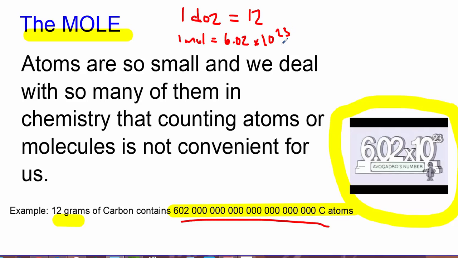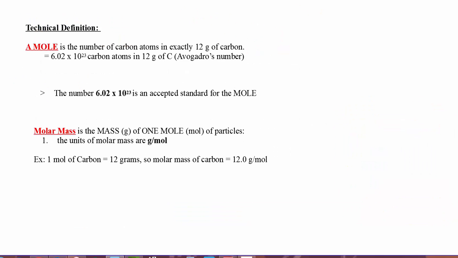So this can have any units depending on what I have a mole of. A mole is often thought of like the chemist's dozen, except instead of 12, it represents a much, much bigger number. And so scientists had a need in chemistry to represent a large number of atoms or molecules with a smaller unit.